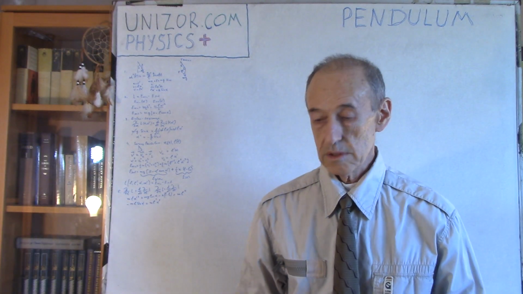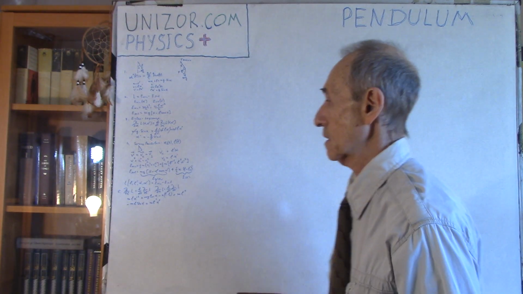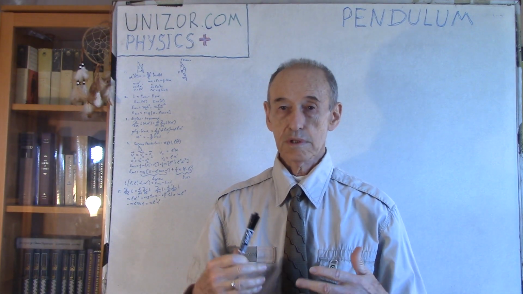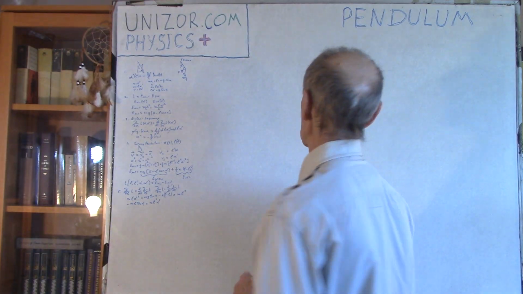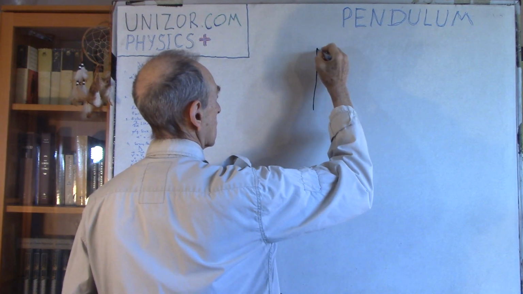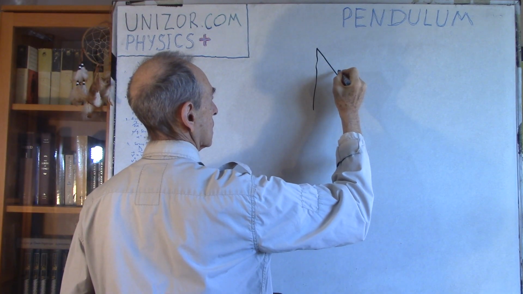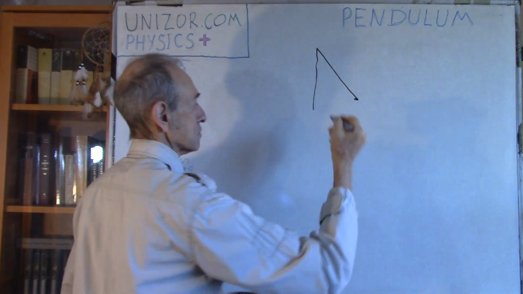Okay, so the pendulum is a relatively simple task which can be approached from both Newtonian mechanics and Lagrangian mechanics. From the Newtonian point of view, this is the pendulum, and this is a thread which is unstretchable.